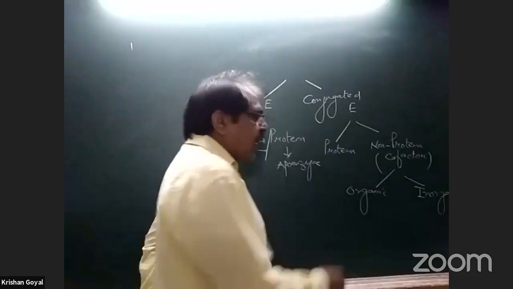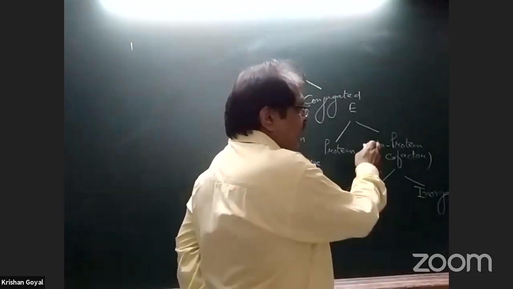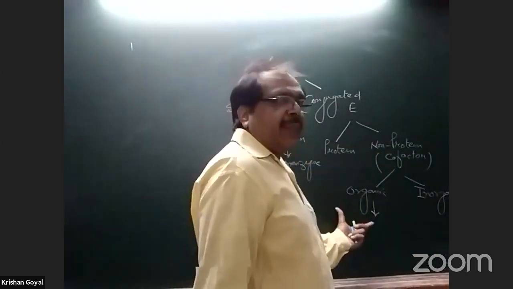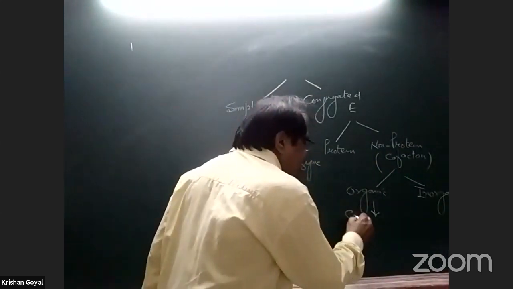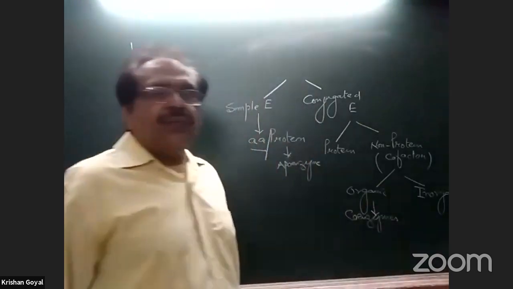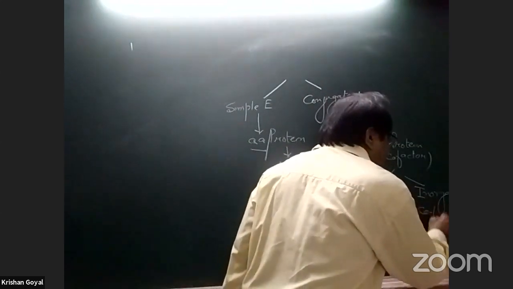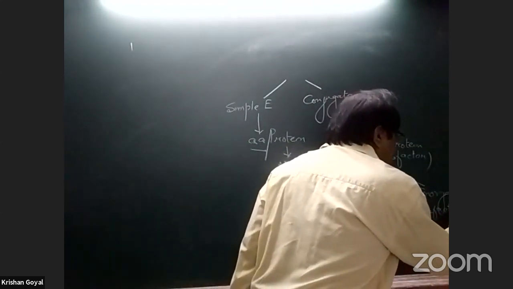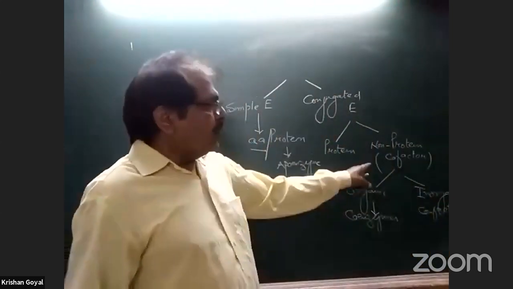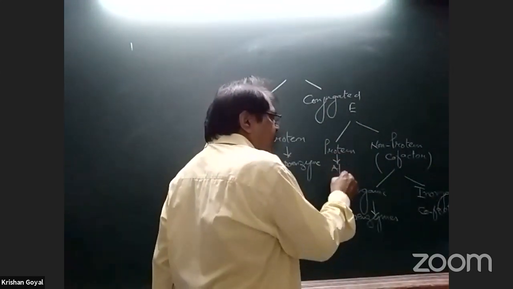When it is the organic part, it is called a coenzyme. When it is the inorganic part, it is called a cofactor. No doubt this is the non-protein part, and definitely the protein part is known as the apoenzyme.